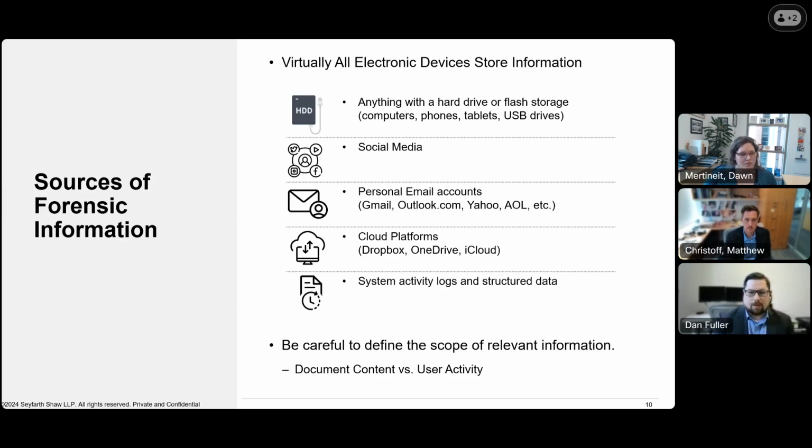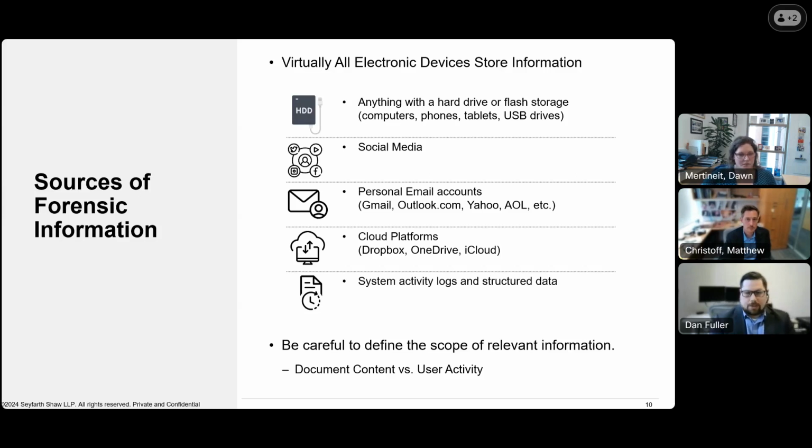So if there is somebody out there that is posting confidential information on social media, we may need to collect that account, so we can target a specific Facebook account and pull down all that information.